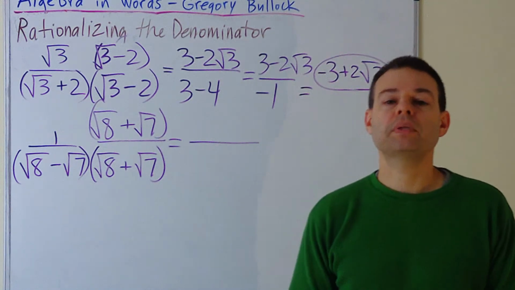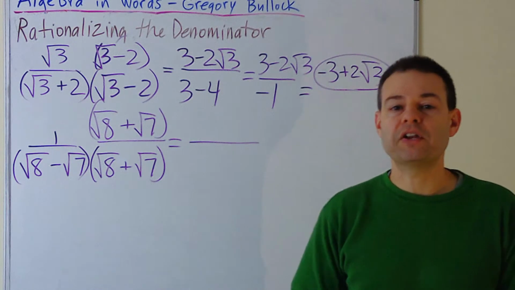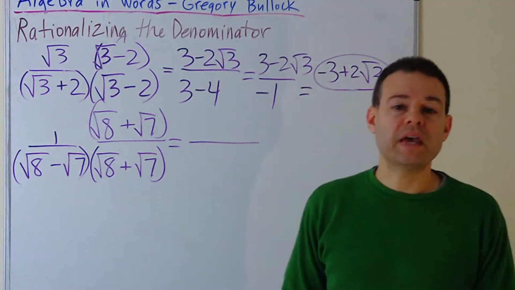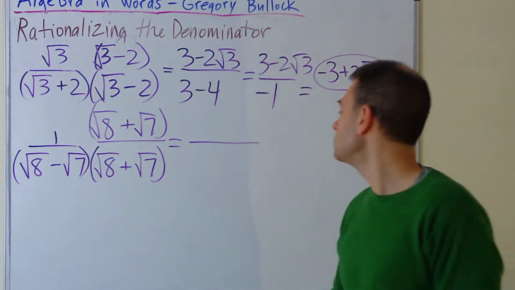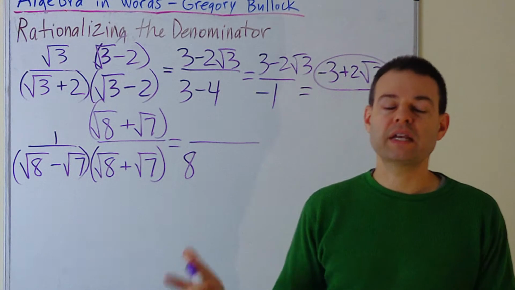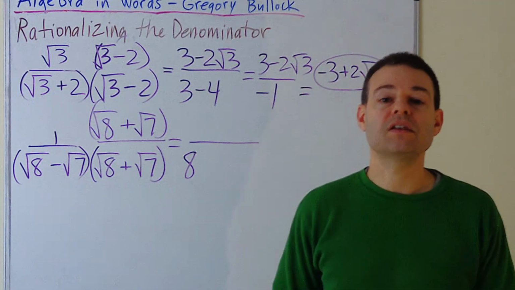And now let's apply the special case shortcut of multiplying conjugate binomials in the bottom. Product of the first, square root of 8 times square root of 8 is 8. And square root of 7, I should say negative square root of 7 times positive square root of 7 is negative 7.